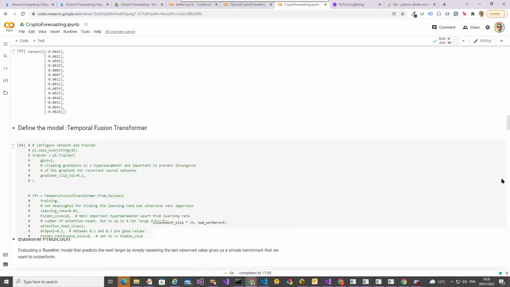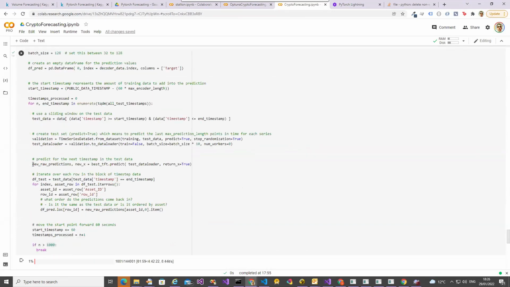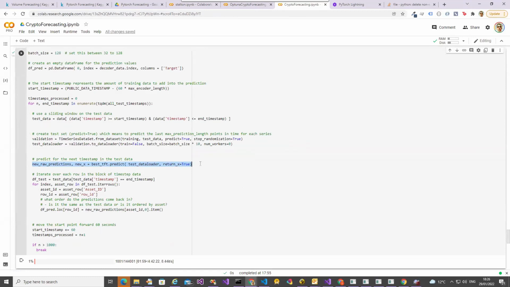Oh, one other question I had was in the prediction loop. Here's the line where it's actually using the data to do the prediction, and I get the predictions back. I wasn't entirely sure what order the predictions came back in. It does give me an array of 14 floating point numbers, but I wasn't sure were they ordered by asset, or at each timestamp in the data, where the assets are jumbled about, in a random order.